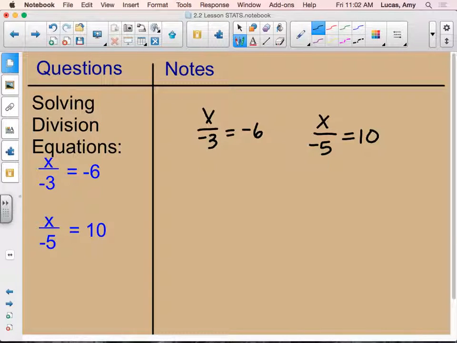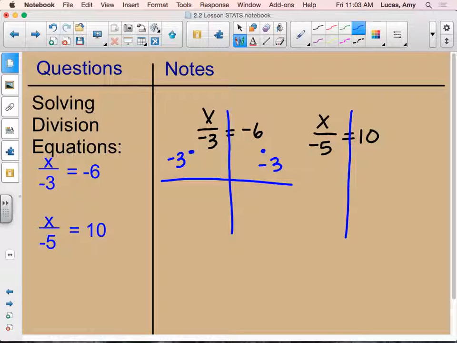On the division equations, both of these have a variable on the top of the fraction. So my first one, x has been divided by -3. The inverse of dividing by -3 is to multiply by -3. So if I multiply both sides by -3, I will get x equals positive 18.